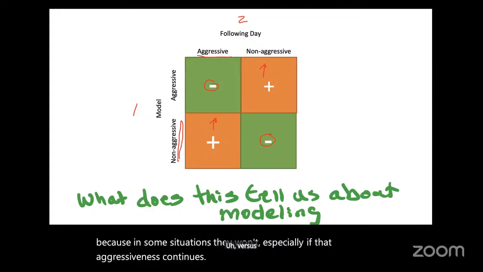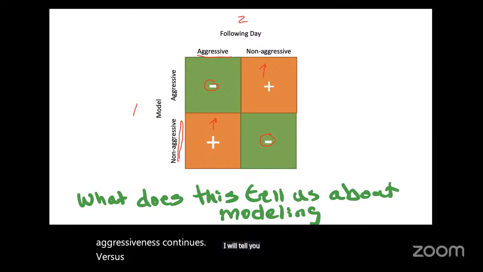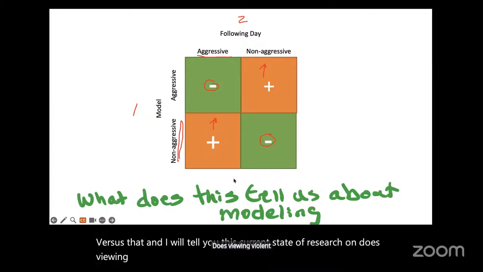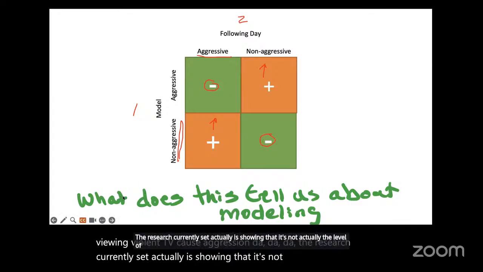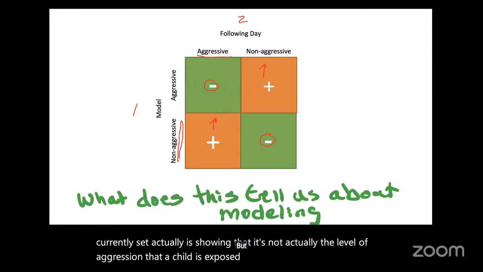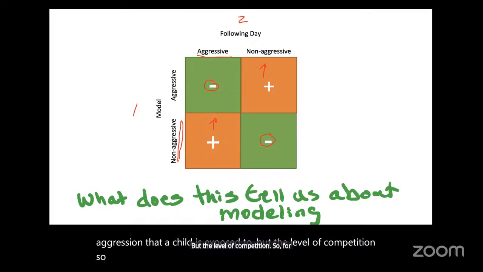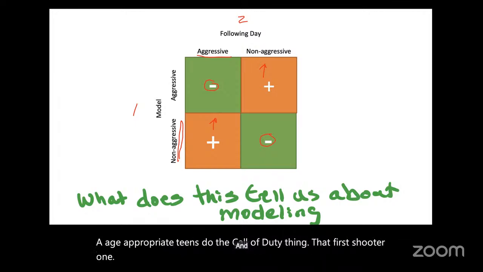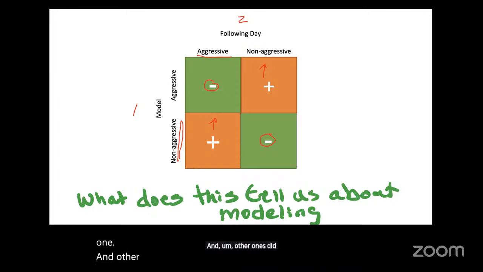And I will tell you this, the current state of research on whether viewing violent TV causes aggression is actually showing that it's not the level of aggression that a child is exposed to, but the level of competition. So, for example, in one experiment, they had age-appropriate teens play Call of Duty, that first-person shooter one, and others played Madden football.